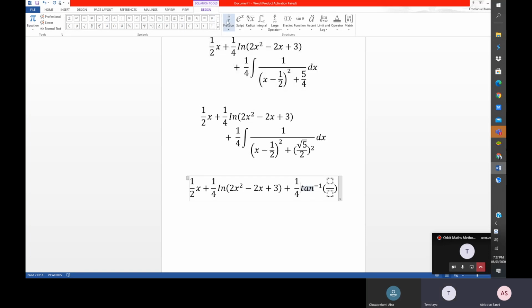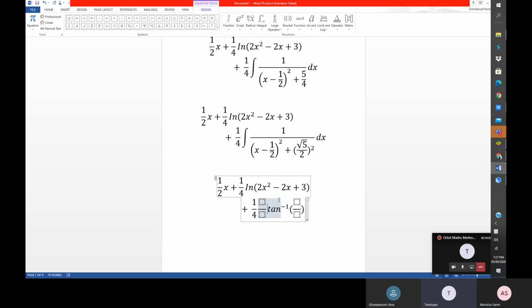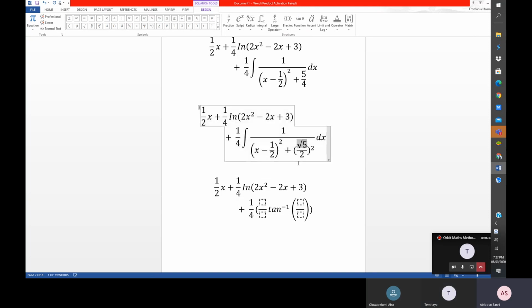Oh yeah, that's true. So 1 over 4 into bracket 1 over b. Our b in this case is root 5 over 2, right? Yes, root 5 over 2.